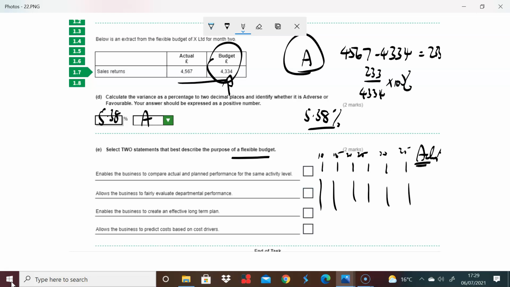And again, we're able to fairly evaluate because when we are looking at cost budgets especially, we want to do that based on the actual number of units. So it's useless just comparing with some sort of fixed budget. Imagine this is 20,000 and this is 10. We can't compare. It's like apples and pears. So what we want to do is get as close as we can to the actual units that are involved.